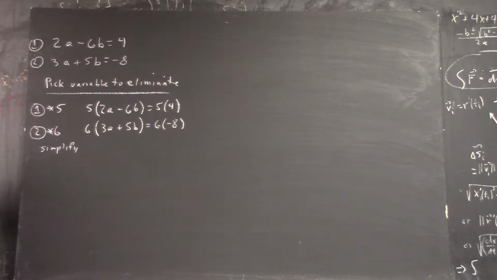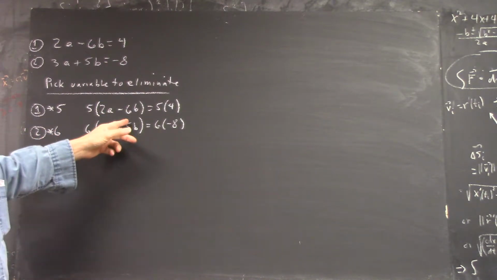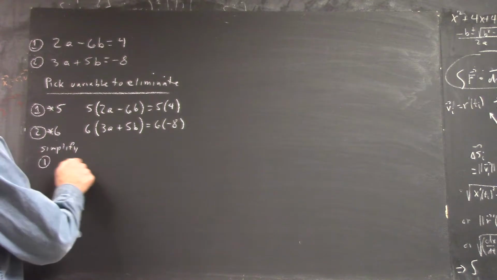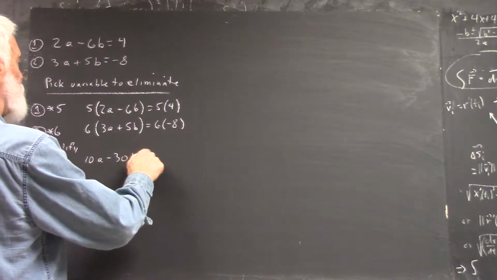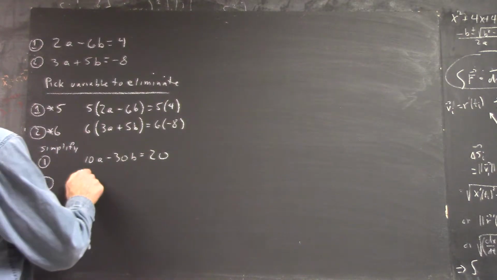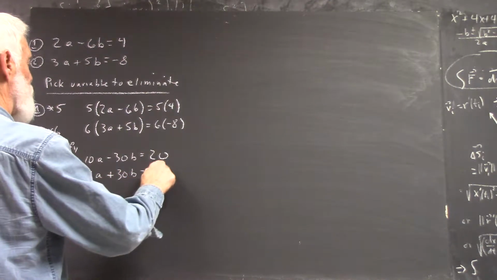Okay, we simplify this. When we simplify, I'm not going to write out the details, but we have to use the distributive law here. So equation 1 becomes 10a minus 30b equals 20. Equation 2 becomes 18a plus 30b equals negative 48.